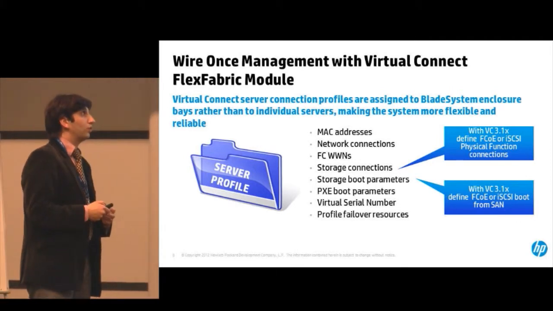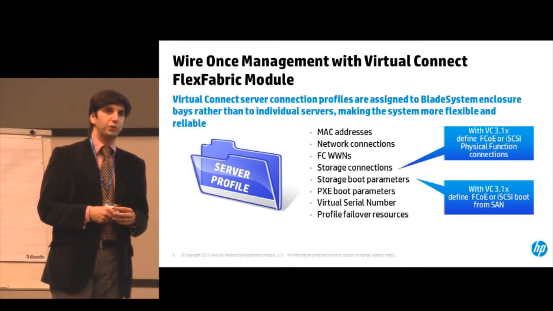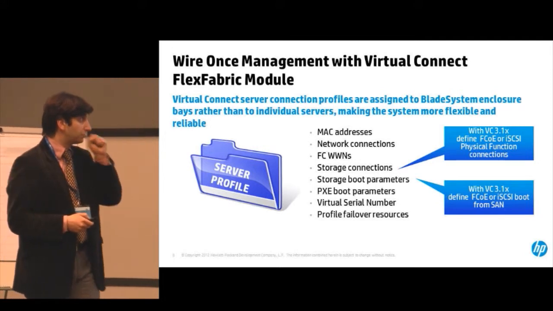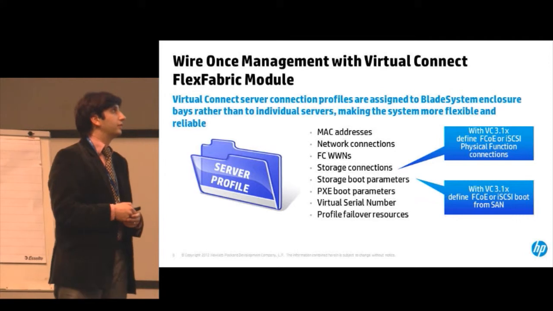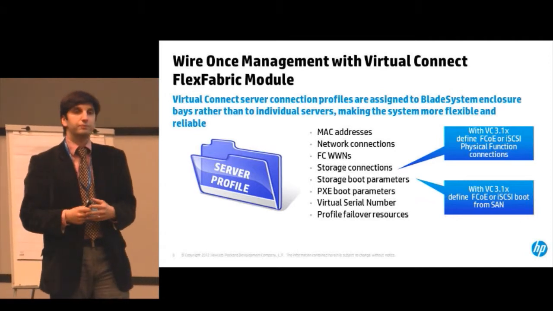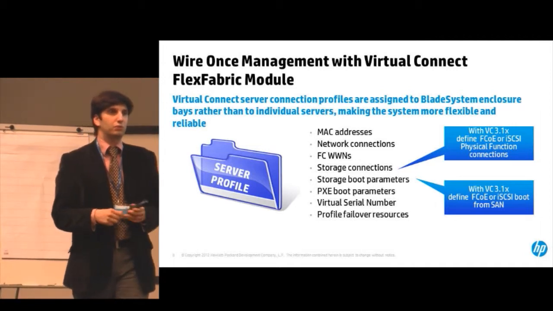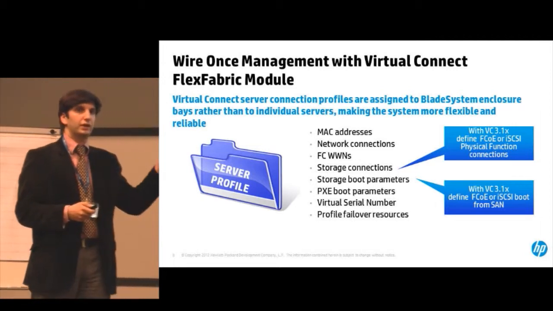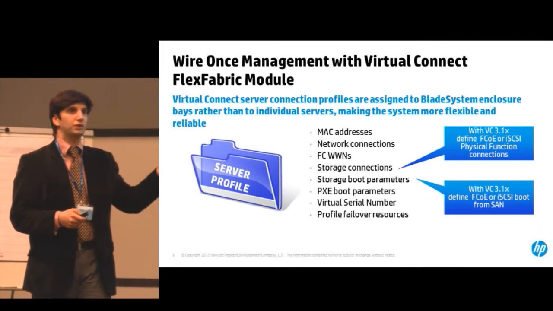If you do boot from SAN, you can also include your storage boot parameters as a part of the Virtual Connect profile, the virtual serial number of the server, and any configuration required for the failover of the profile. So this is stored separately, and the server profile is not actually stored at the server level.